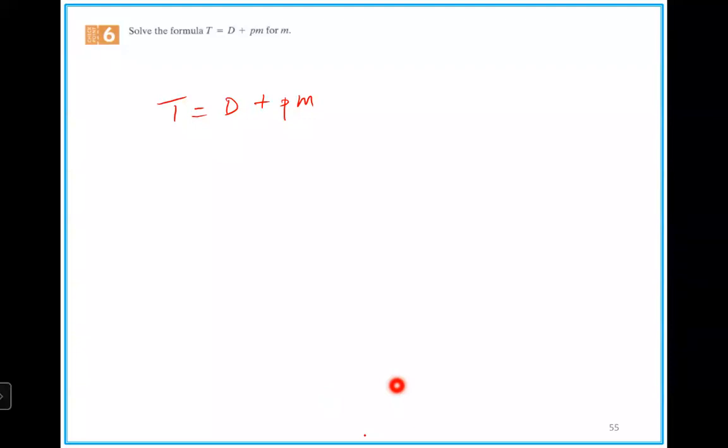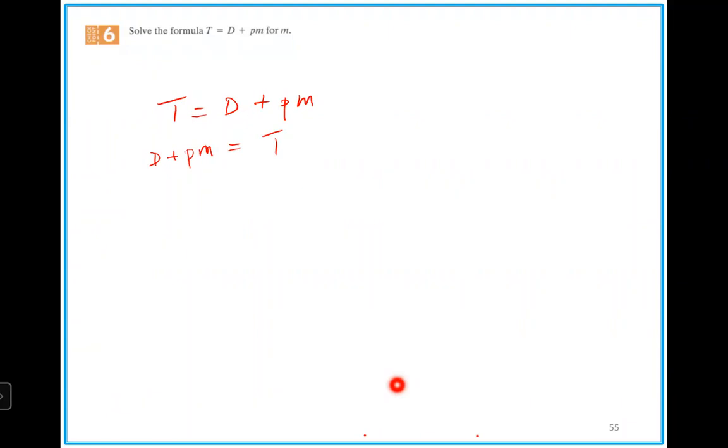Left-hand side. So then it'll be T. Well, what I was suggesting, you see this D plus PM equals T. So all we did was just reverse it so that it's the same formula, but we just reverse it.